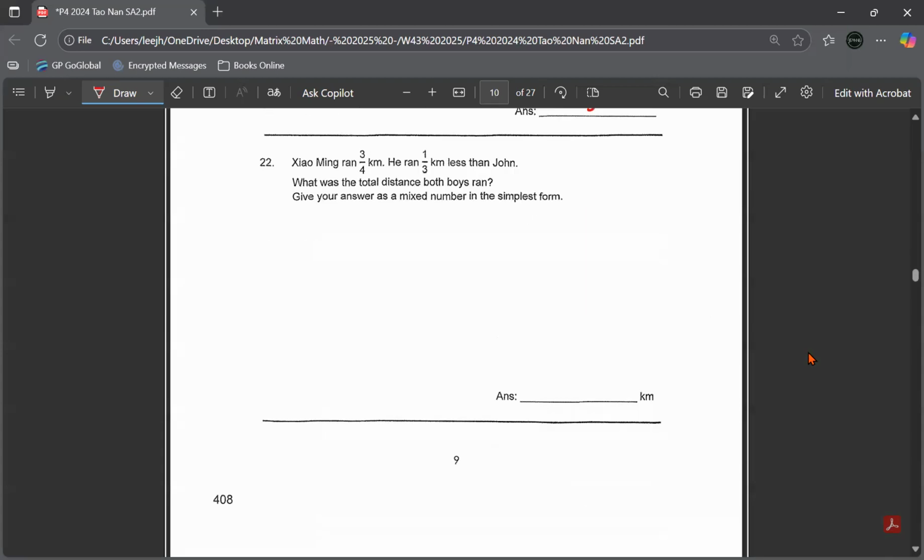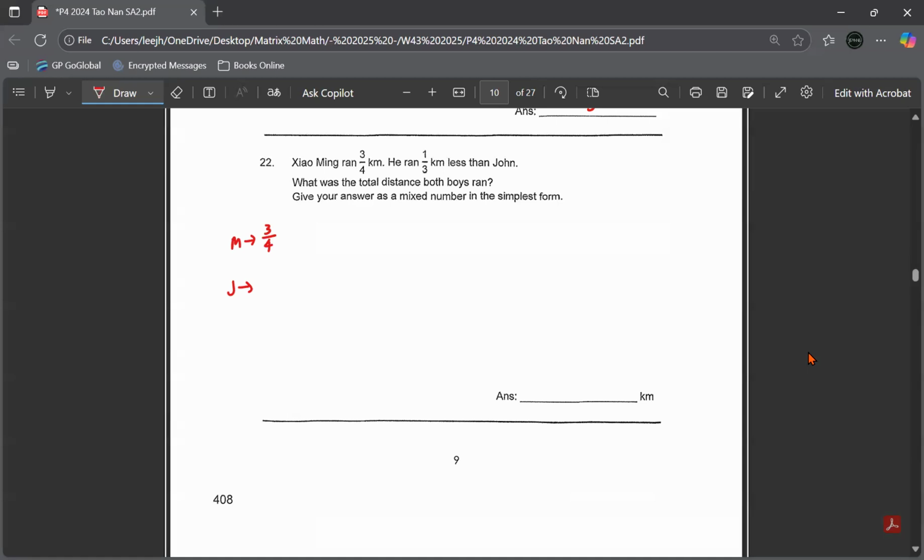Question number 22. Xiaoming ran 3/4 kilometer. He ran 1/3 kilometer less than John. What was the total distance both boys ran? Give your answer as a mixed number in the simplest form. So Xiaoming ran 3/4. But he ran 1/3 kilometer less than John, which means John ran 1/3 kilometer more.